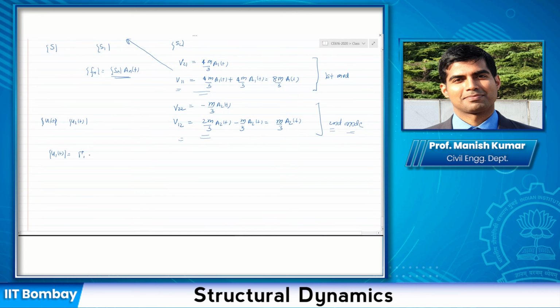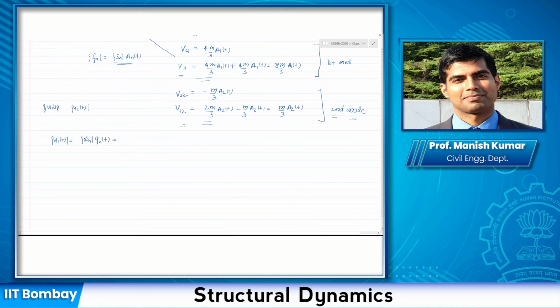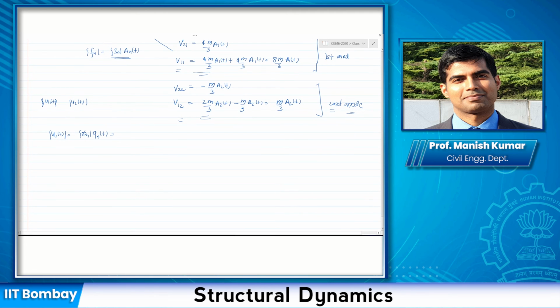It's gamma 1 times, well, we had written it as phi n times q n t. Remember, once you get used to all these notations and derivations, even if you forget something, you can easily write it. That's what happens with me as well. I just write down the original equation and then write down everything using that. So phi n times gamma n times d n t. Okay, so this is for n.